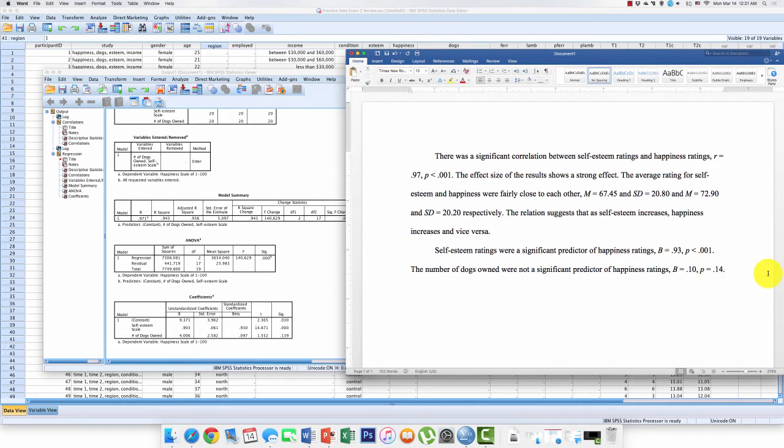Okay, so the next thing we're going to write about is the model summary and the ANOVA.